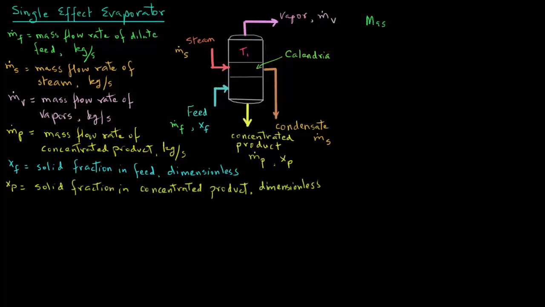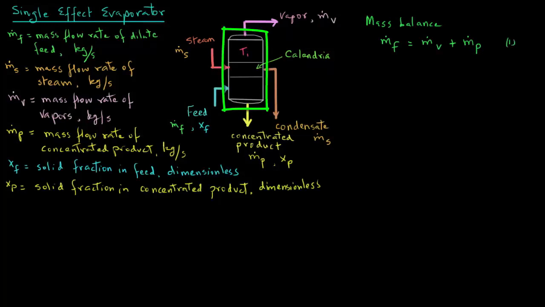So we can write the mass balance by looking at what is entering the system and what is exiting the system. So we have the feed entering the system, and the mass flow rate is m dot f, and that equals the mass flow rate of vapors leaving the system, and m dot p, the mass flow rate of concentrated product leaving the system.